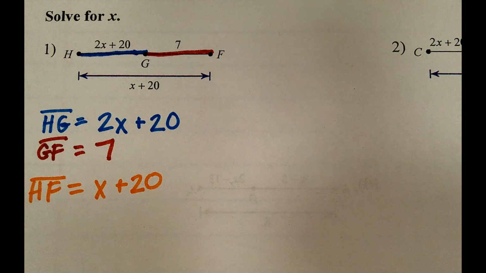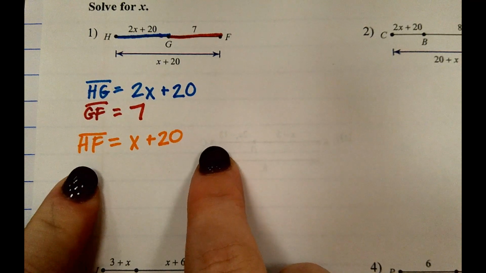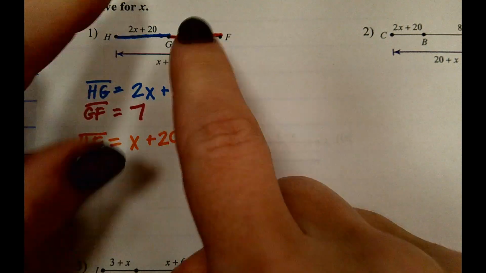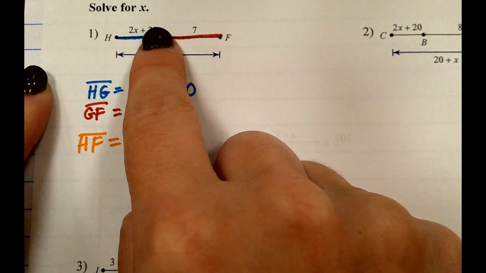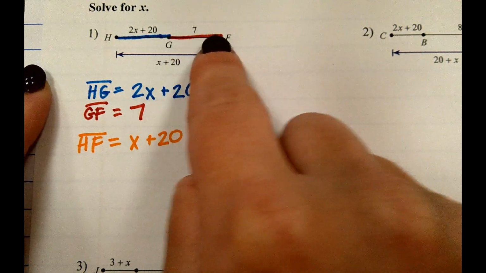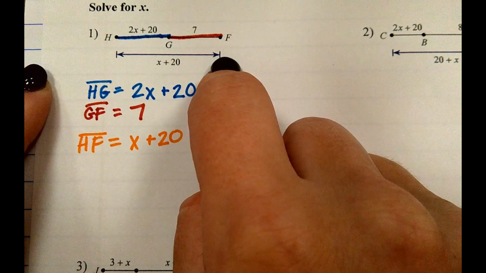As long as you're following the math rules, you don't have to do it the same way I do it. If you have a better method, I love hearing those methods. So you could label it, write it out. You could also say visually, okay, well, I know HG, 2x plus 20, add that to 7, it's equal to x plus 20 because that's the same length of all of it.